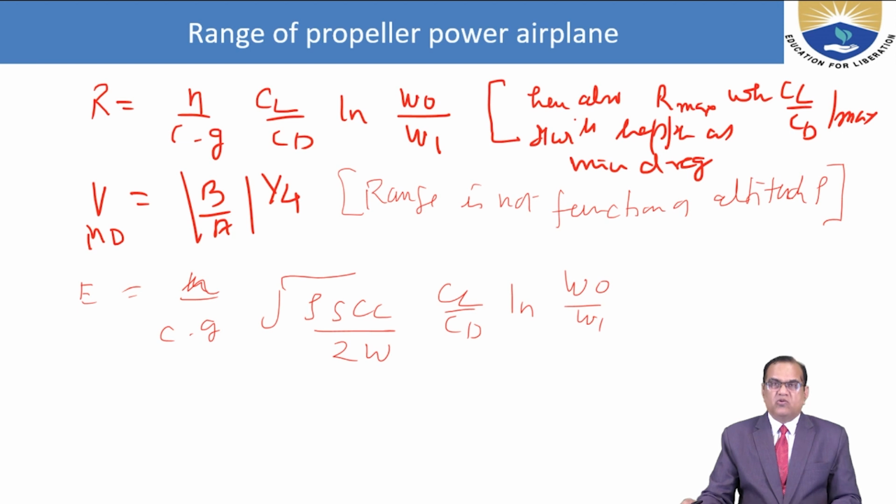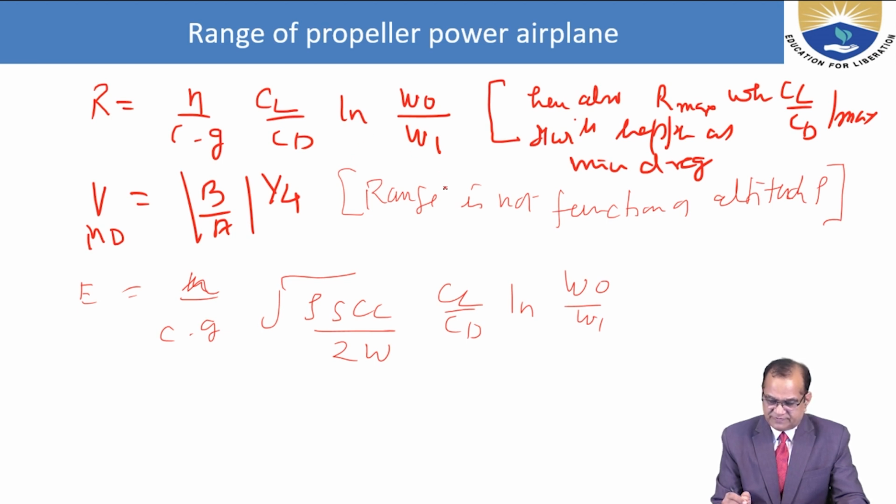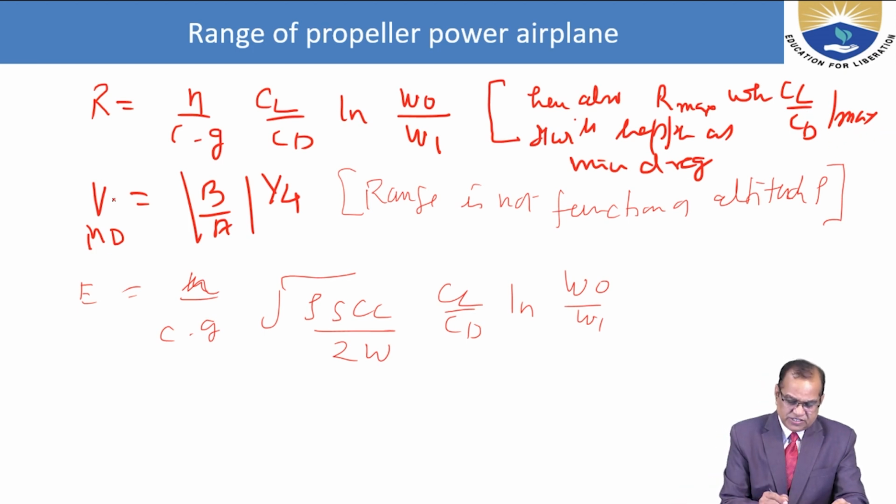So now we will discuss the range of the propeller powered airplane, and we know that R is equal to eta by C g, CL by CD, ln W naught by W1. So here also the CL by CD is maximum, and the velocity is equal to B by A to the power 1 by 4.